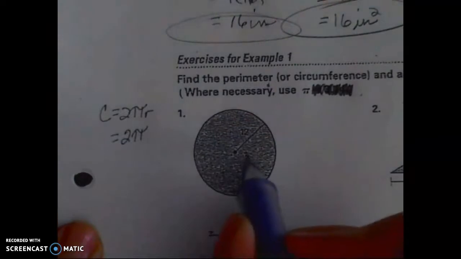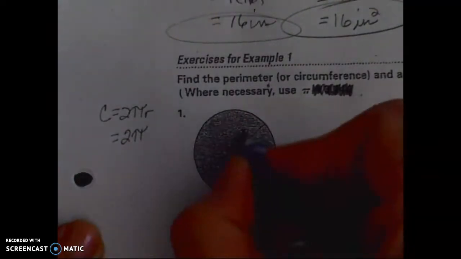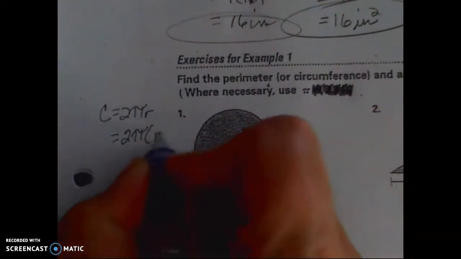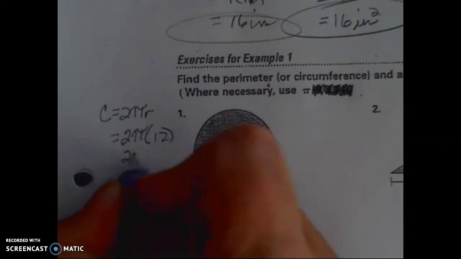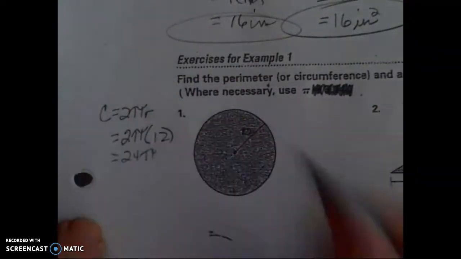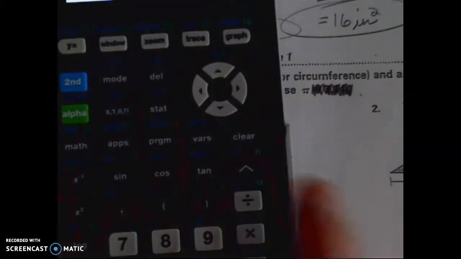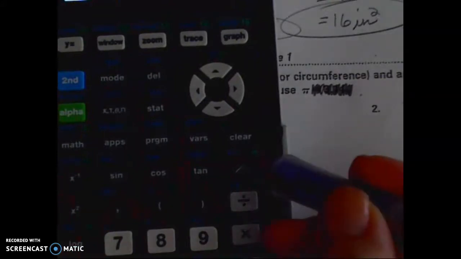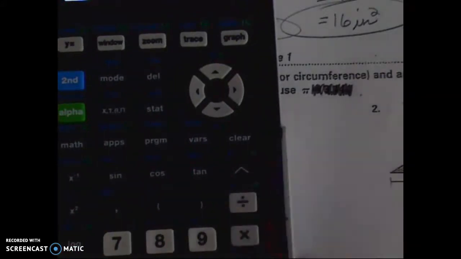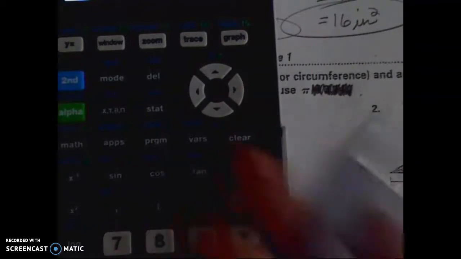The radius of this circle is 12. So I'll substitute that in here. 12 times 2 is 24. So I'll type 24 pi into my calculator. If you have this calculator, the pi key is right there underneath the up arrow. I'll just second that.